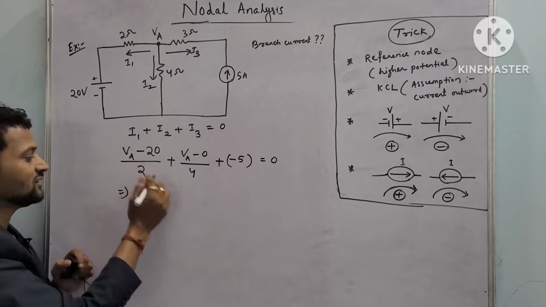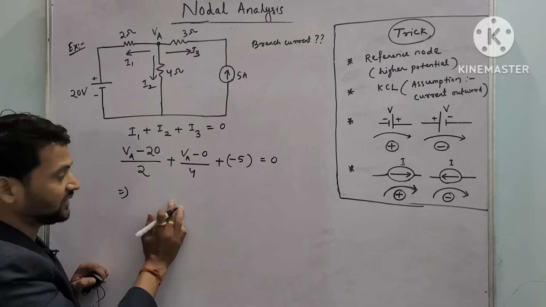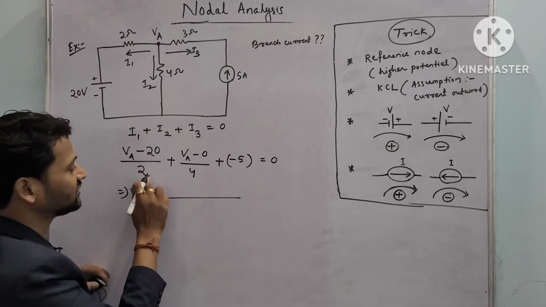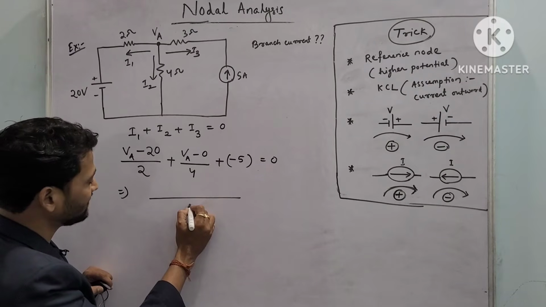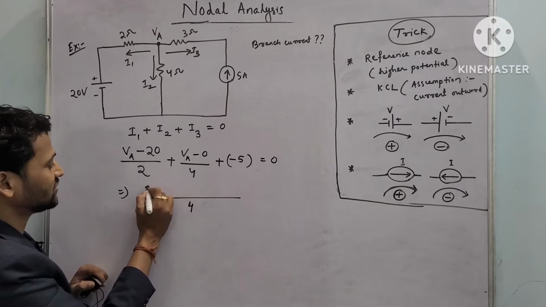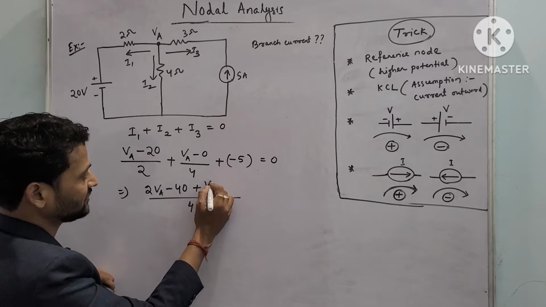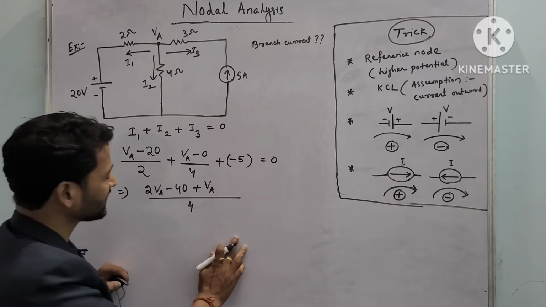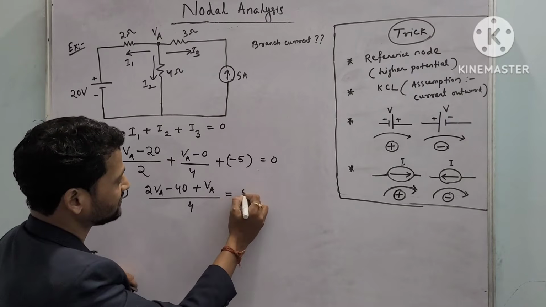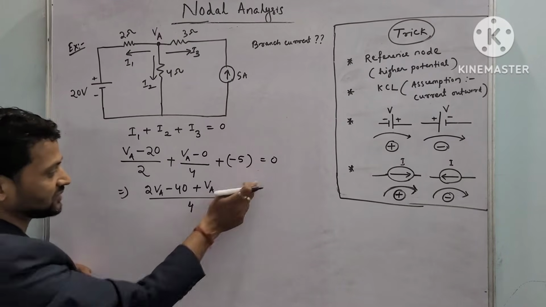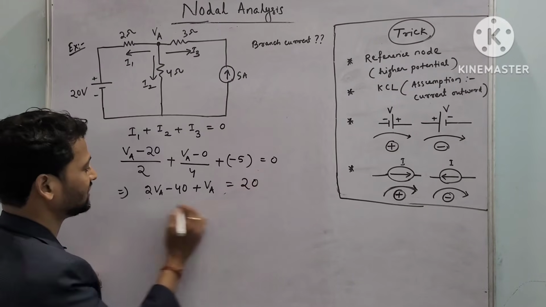After getting the value of VA, you can put it in to find I1 and I2. Let me solve: for 2 and 4, the LCM is 4. So it will be 2VA minus 40 plus VA, which will be equal to 5. Multiplying by 4 gives 20.